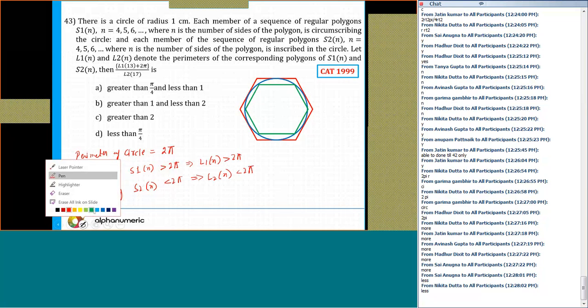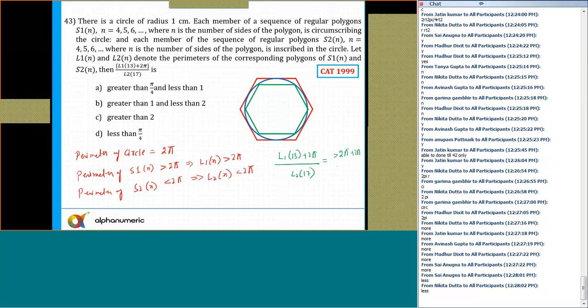Okay. Now coming to the question. It says (L1n + 2 pi) upon L2n. So can I say L1n is something greater than 2 pi, plus 2 pi. L2n is always less than 2 pi.